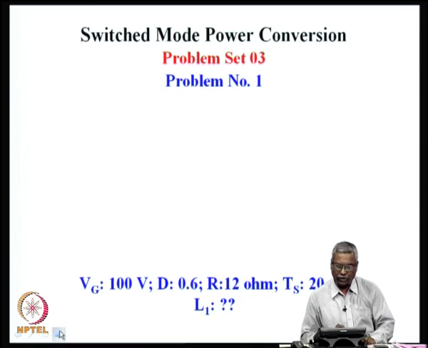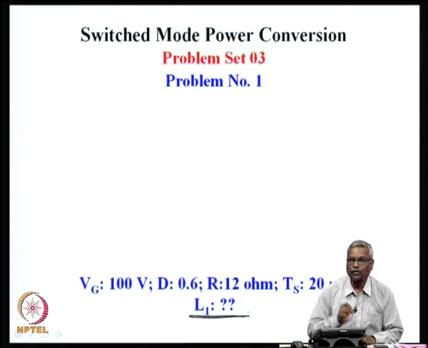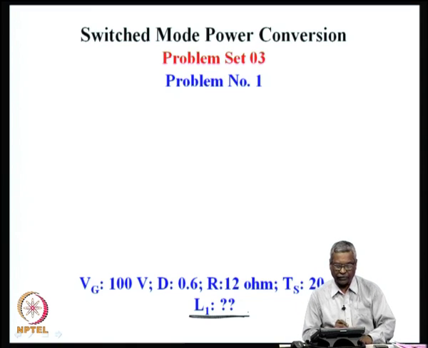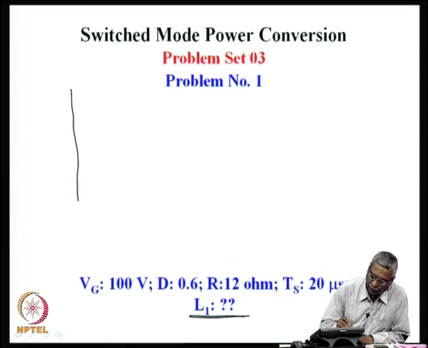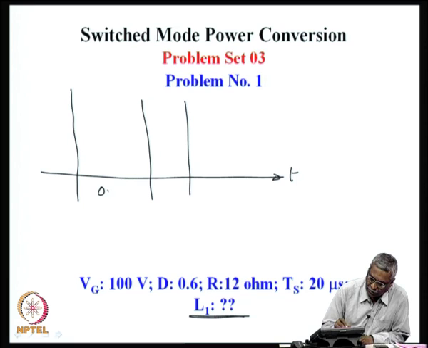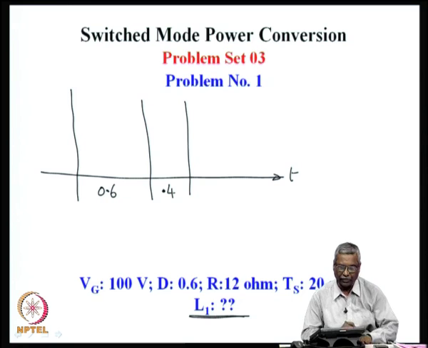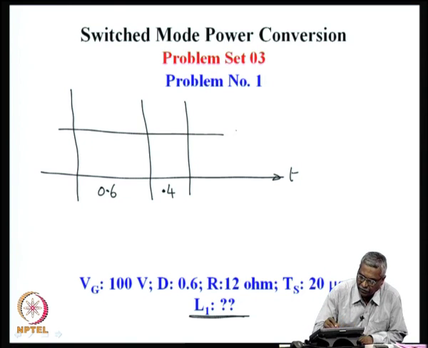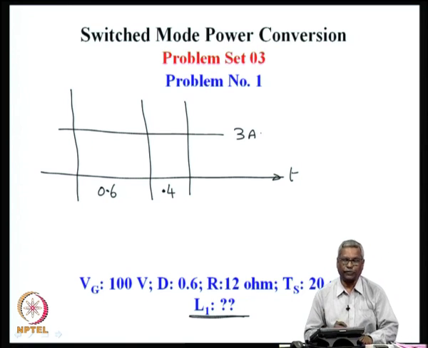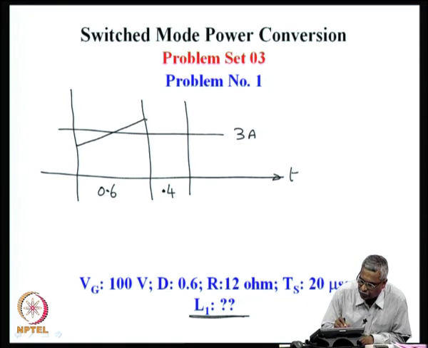Now, let us look at the conditions to find out what will be L1. For example, we had seen that IL1 in any cycle where duty ratio is 0.6 times Ts, off time is 0.4 times Ts, and the inductor has an average current of 3 amperes. So, we know that during the on time the inductor current increases, and during the off time inductor current decreases.